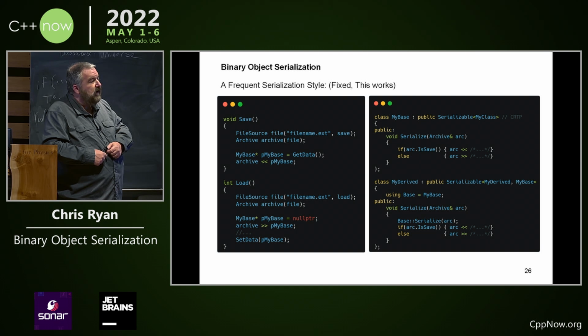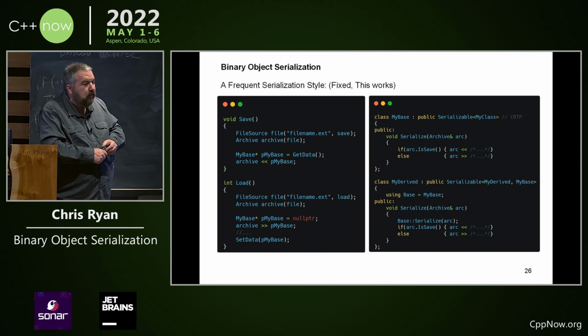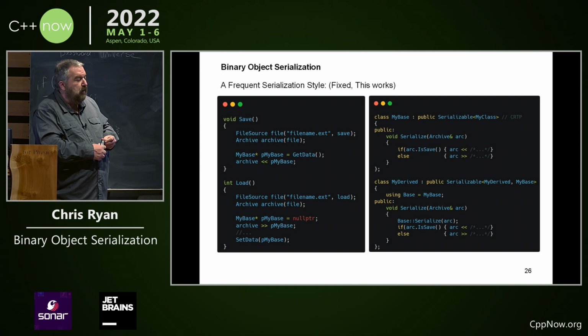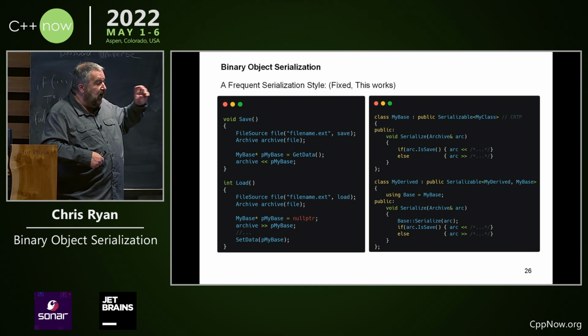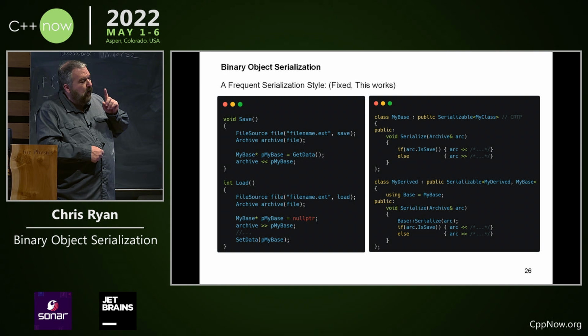Okay, the point was that pointers should not be serialized. And yes, but the class knows how to use those. The class knows when it's serializing out what it needs to save and what it doesn't. I'm not serializing out the pointer. I'm serializing out what the pointer is pointing at, and then I reconstruct that.